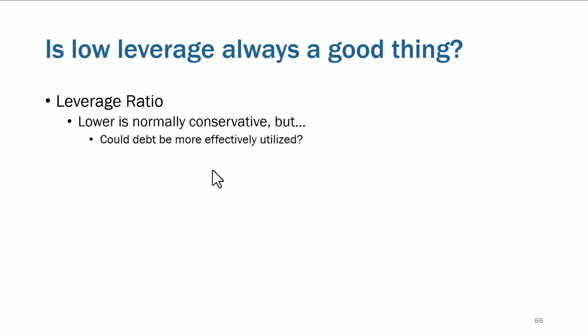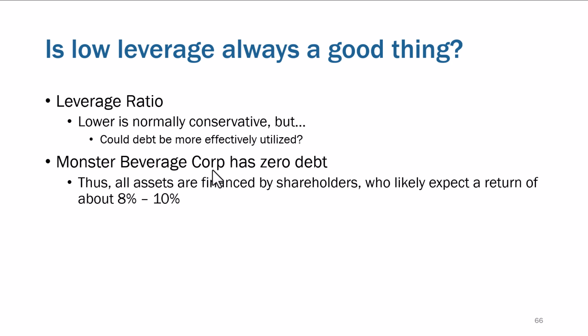I think it's conservative. So a company would want to look, okay, could we actually maximize returns by having more leverage? What do we mean by that? Well, Monster Beverage, these Monster energy drinks, they don't have any debt. All of their assets are financed by their shareholders, who probably want a return of about 8 to 10%.